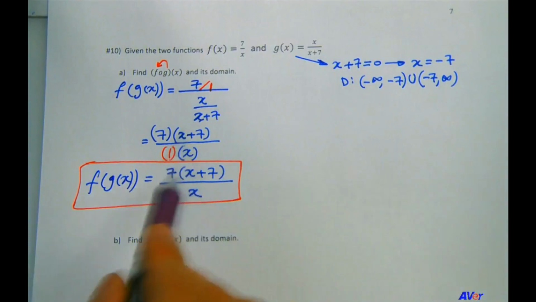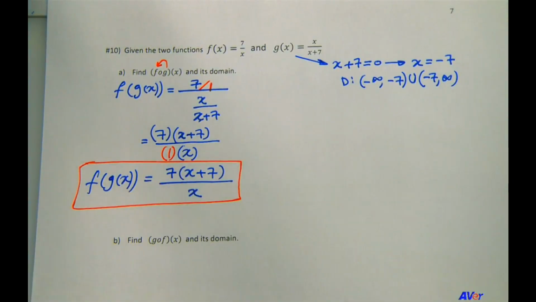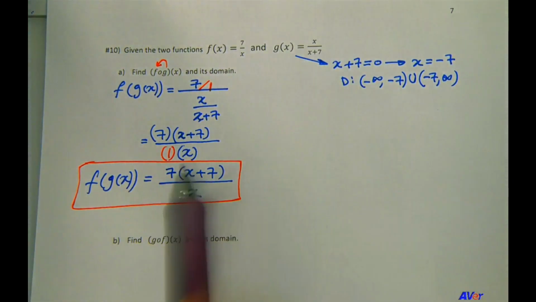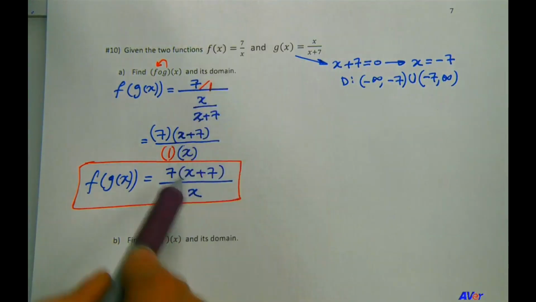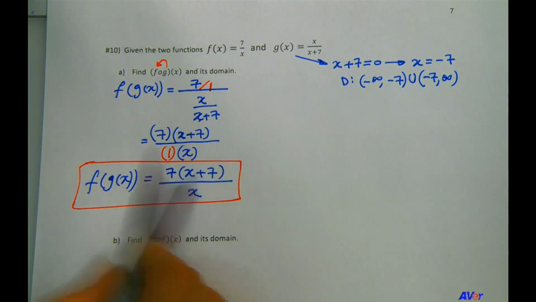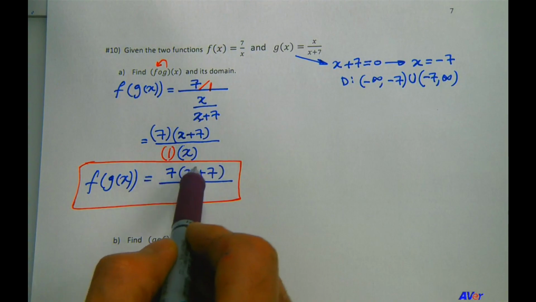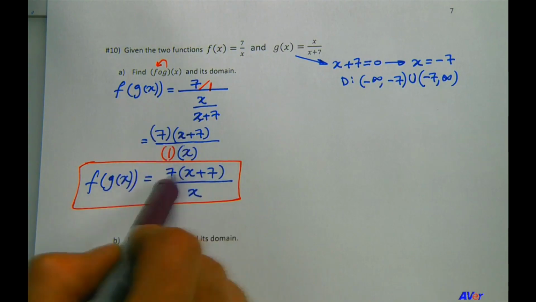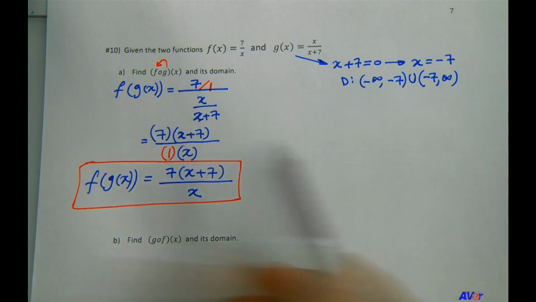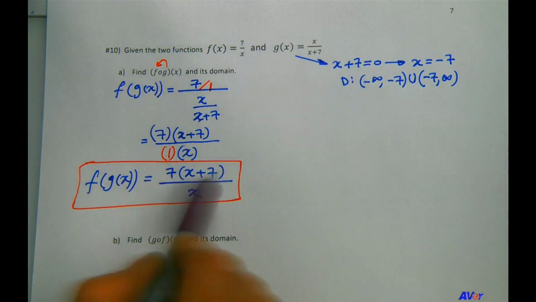Now the numerator, as we said before, is fine. We don't have to worry about it as long as it doesn't have a square root or another fraction. In this case, there's no square root and no other smaller fraction, so this is just okay, with nothing to worry about.